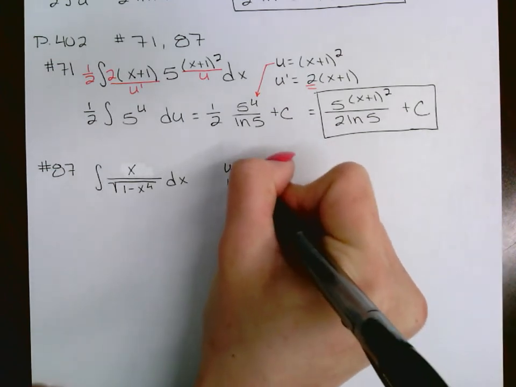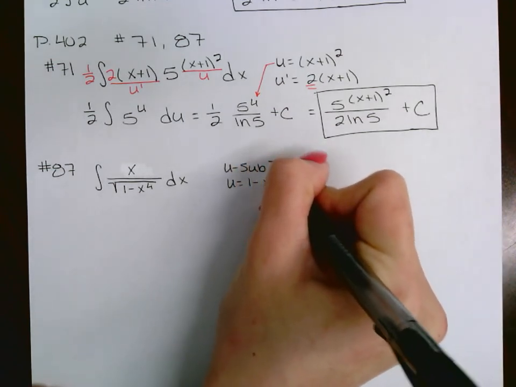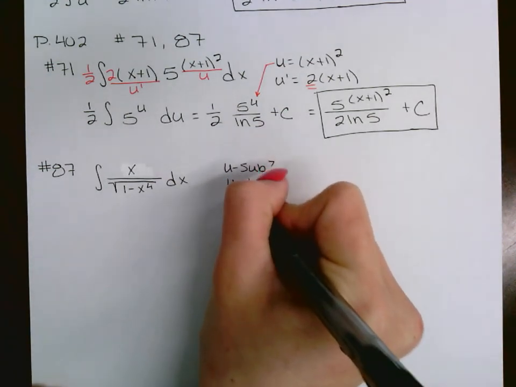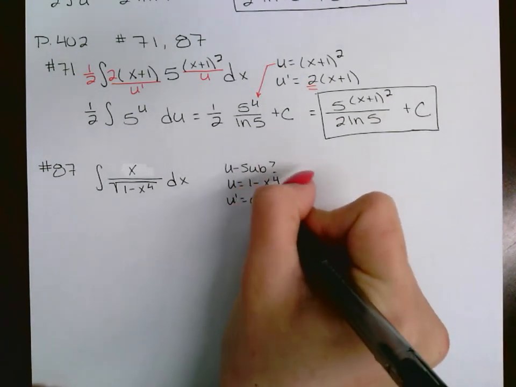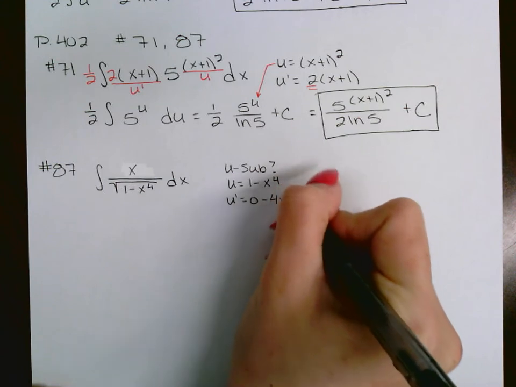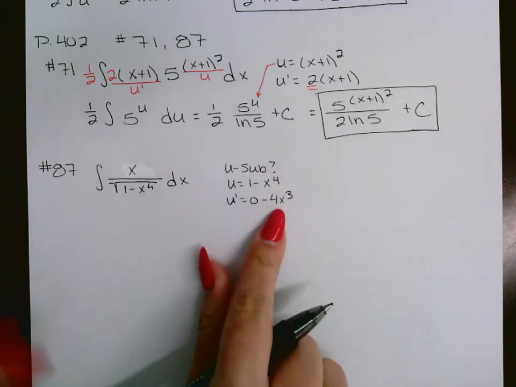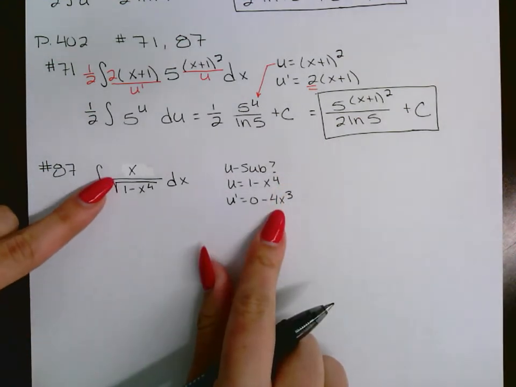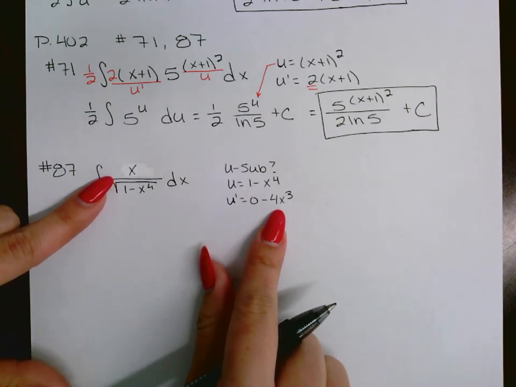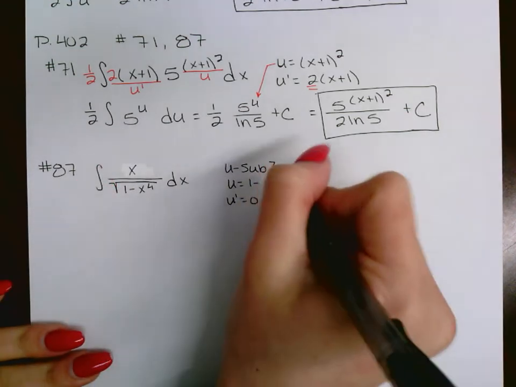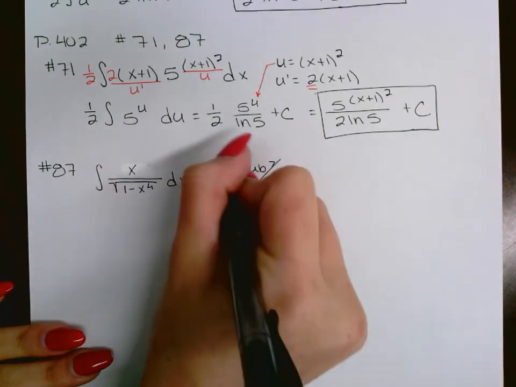My u would be 1 minus x to the 4th. And my u prime would be negative 4x cubed. Do I have a negative 4x cubed in the numerator? No. If I was just missing the 4, that'd be okay. But I'm also missing variables. I can't change that. That is why this is not a u sub.